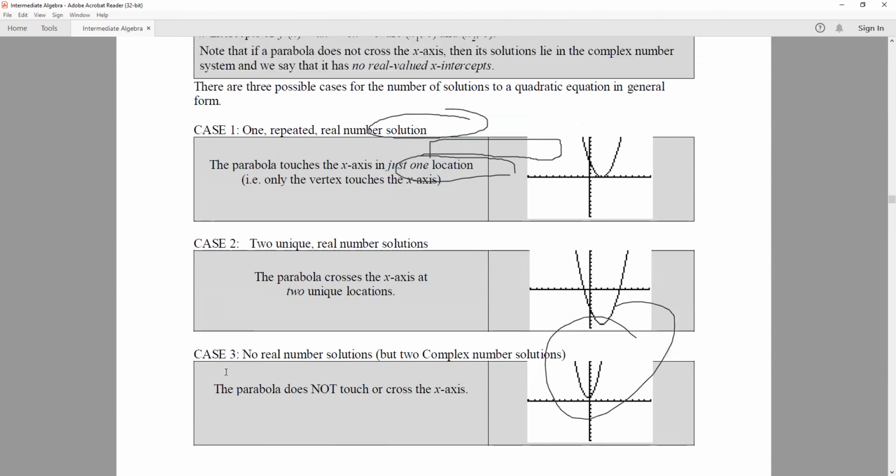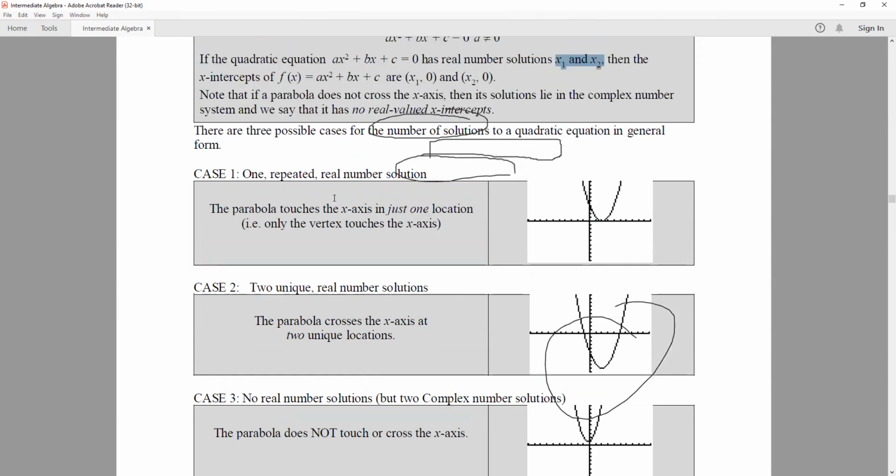All right? And sometimes you might also have one real number solution. So your x is going to be just one number. That means that the graph cuts one point on the x-axis. In other words, you have just one horizontal intercept.